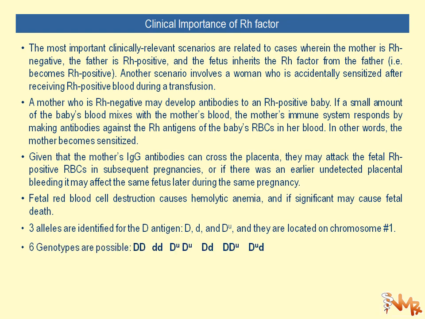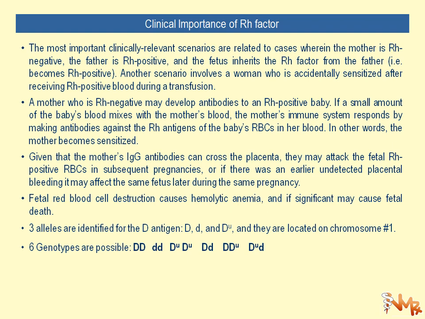As a result of these 3 alleles, we expect to have 6 genotypic variations: 2 capital Ds, 2 small d's, 2 capital DUs, a heterozygous capital D small d, a heterozygous capital D capital DU, and a heterozygous capital DU and small d. So these are 6 different genotypes.